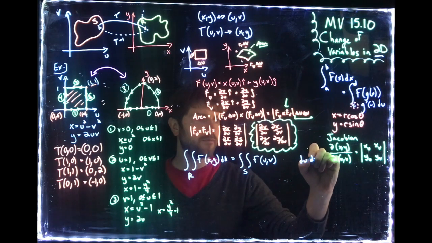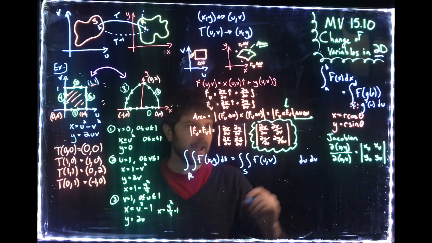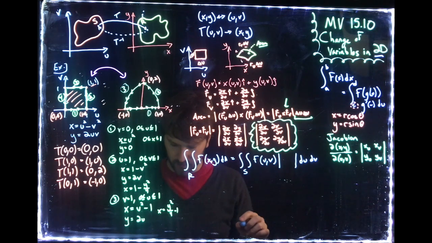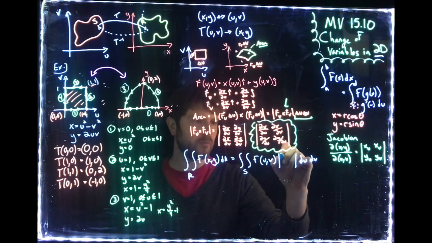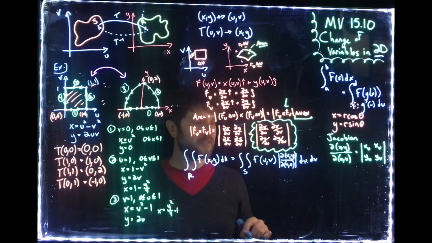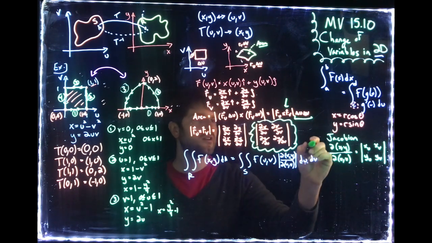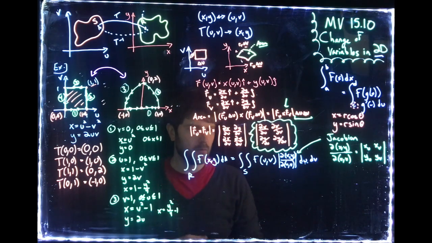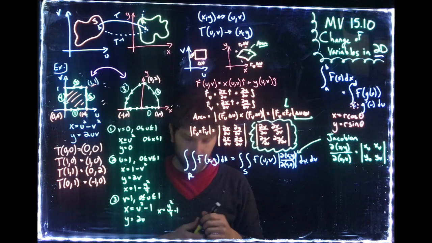And then, like we saw in polar, we need an extra term. And that extra term turns out to be the absolute value of the Jacobian, partial xy over partial uv. The Jacobian tells us how to translate from one coordinate system to another.